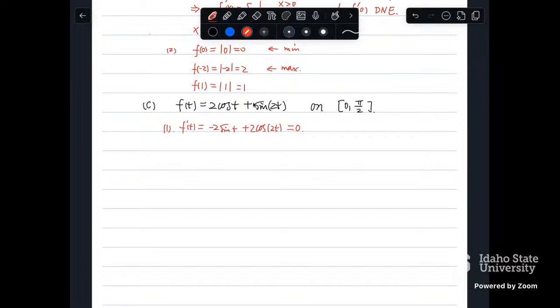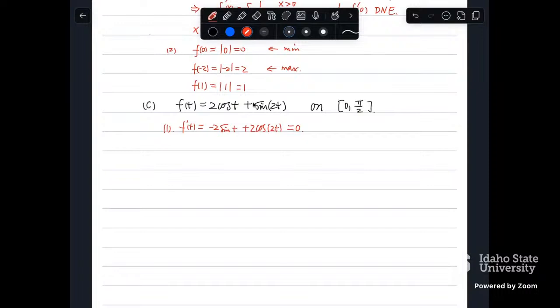So the first step is we need to make sure we are dealing with the same angle. The easiest thing is to change this cosine 2t into some function depending only on t, and this is what we call the double angle formula.